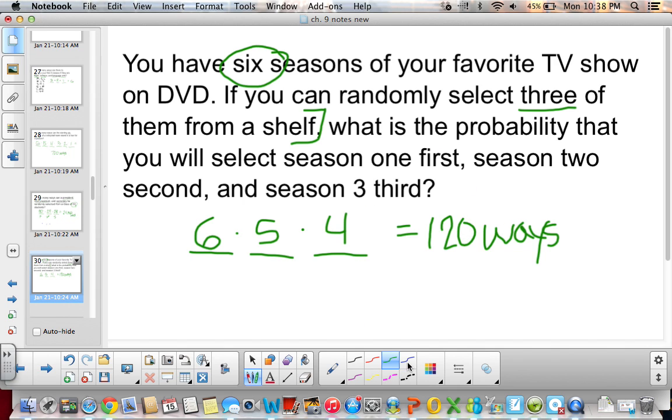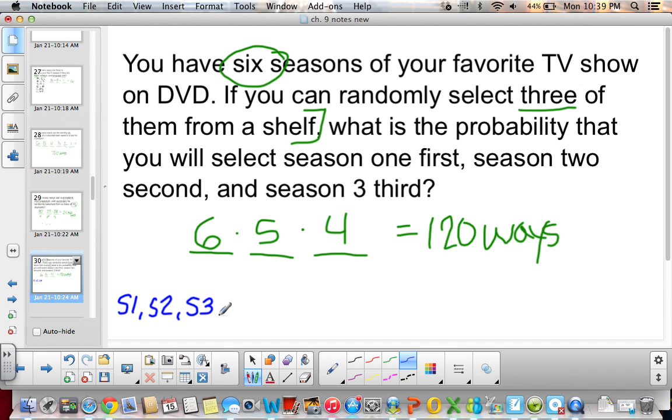So the second question, what is the probability that you will select season 1 first, season 2 second, and season 3 third? Well, there's only one way to pick season 1, and then season 2, and then season 3, because it's telling you in that order.